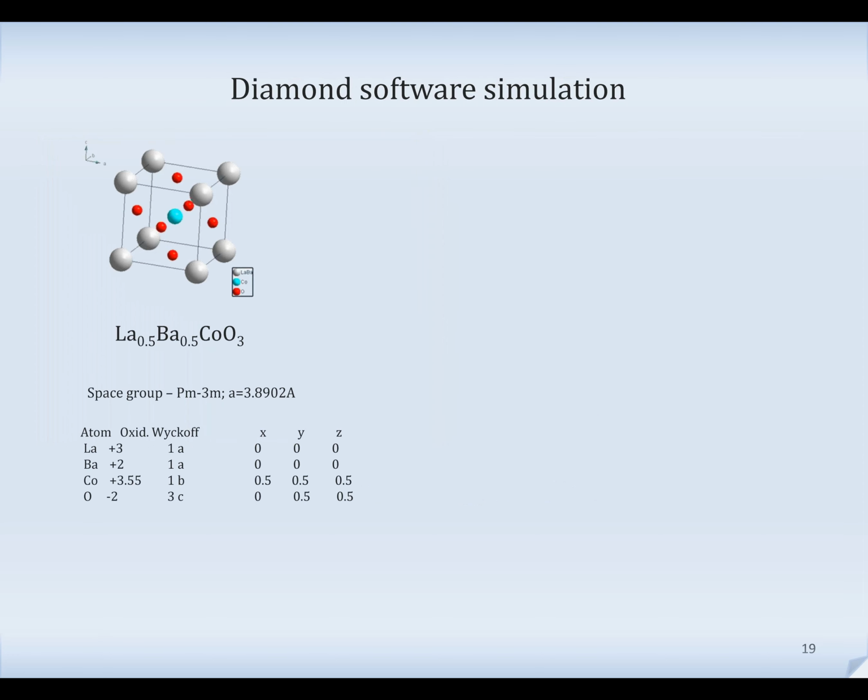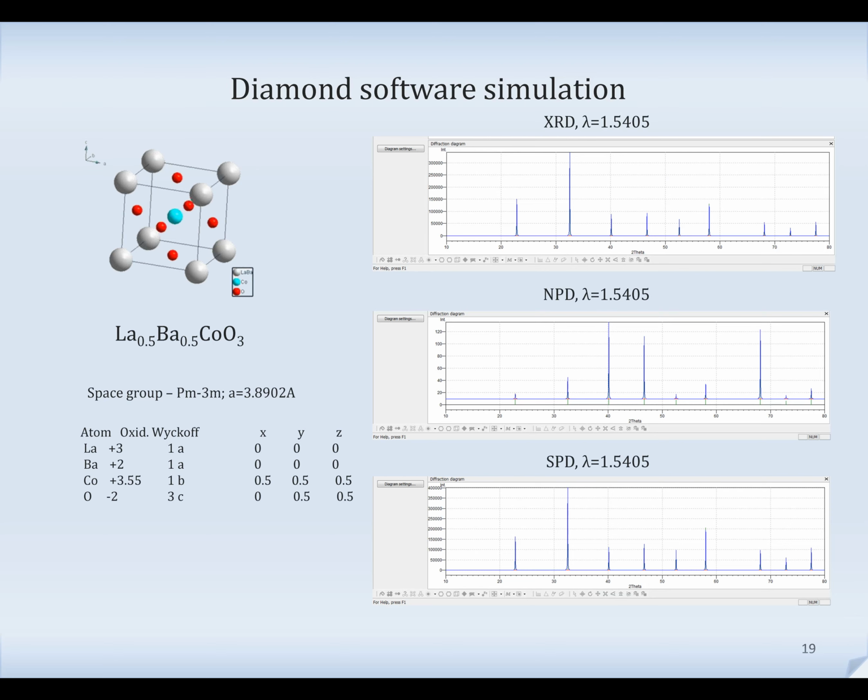And a few words about another software, Diamond. I just put three simulated patterns using different radiation but the same wavelength, to highlight again the difference between synchrotron radiation and neutrons. The intensity is different, and the position of reflections is the same.